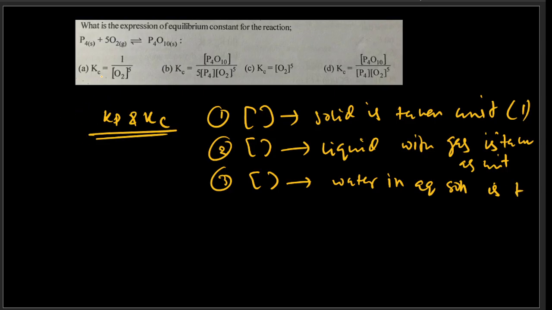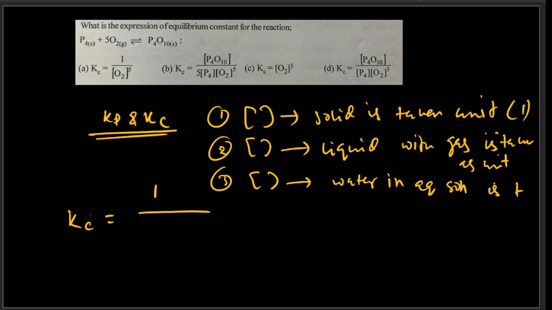So here, from the law of mass action, if this is the reaction, then Kc will be the concentration of product divided by the concentration of reactants. But the product here is a solid. So the concentration of a solid with gas is taken as unit, so it will be taken as 1.